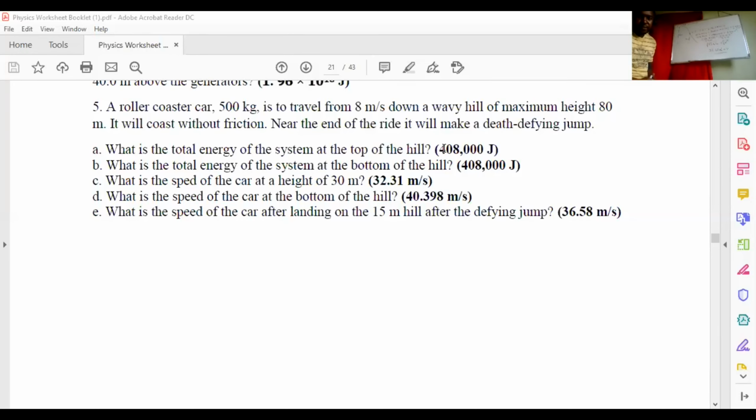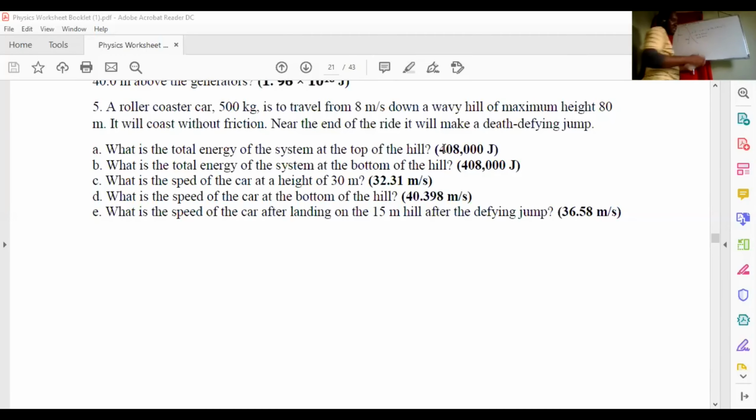All right, so that's the speed at that height, and then it says the speed at the bottom of the hill. The speed at the bottom of the hill is the same process. But at the bottom of the hill, remember, there is no potential energy, so in this case we will ignore this part here.